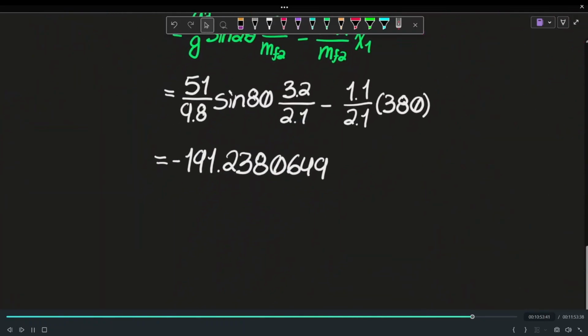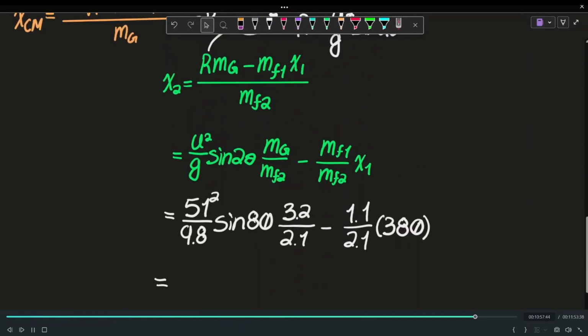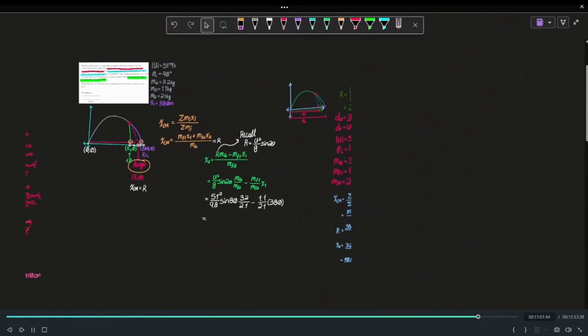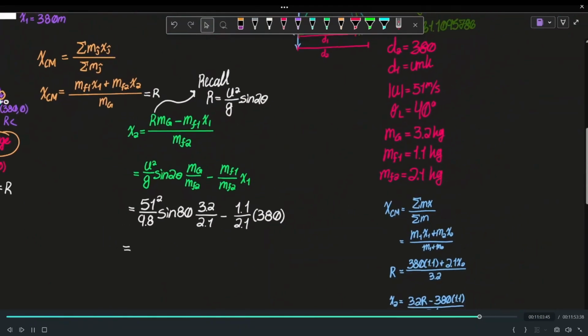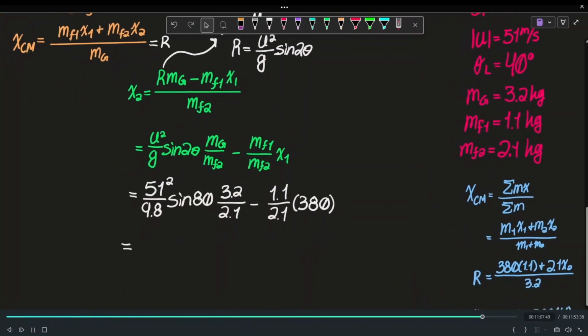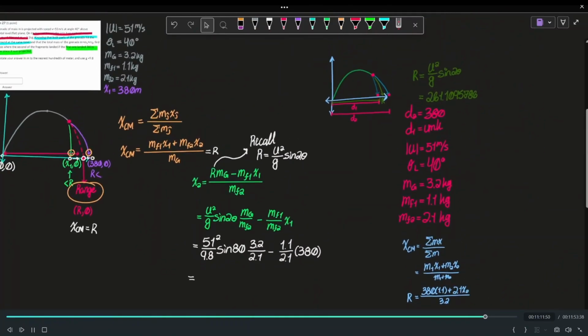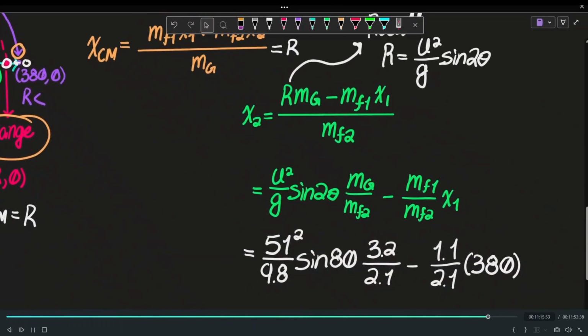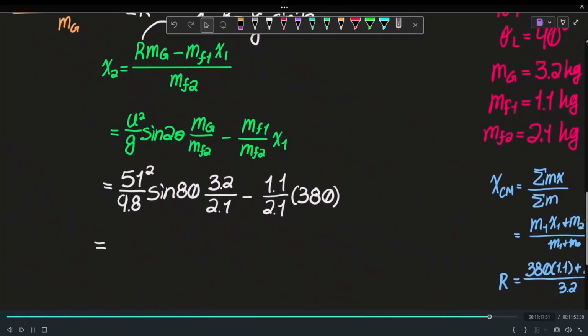So this is instead initial velocity squared. Let's see if I messed up anything else. 2 times 40 is 80. Mass of grenade over m fragment 2. Yep. M fragment 1, we know 1.1, 2.1. Yep. And yeah, that should be good.